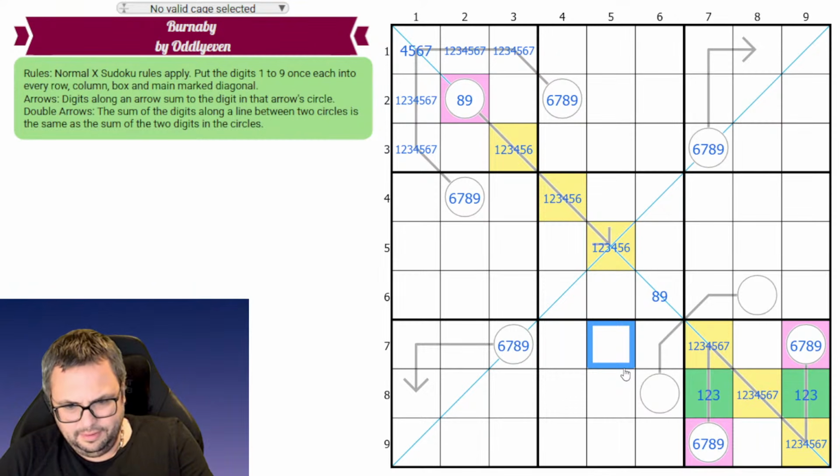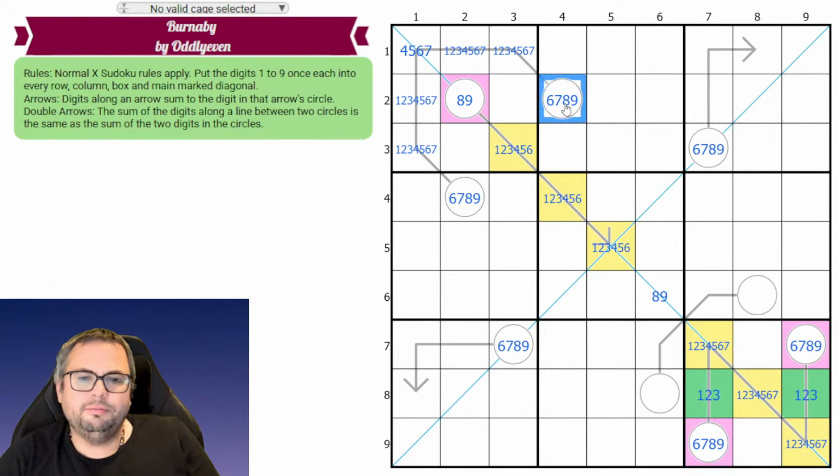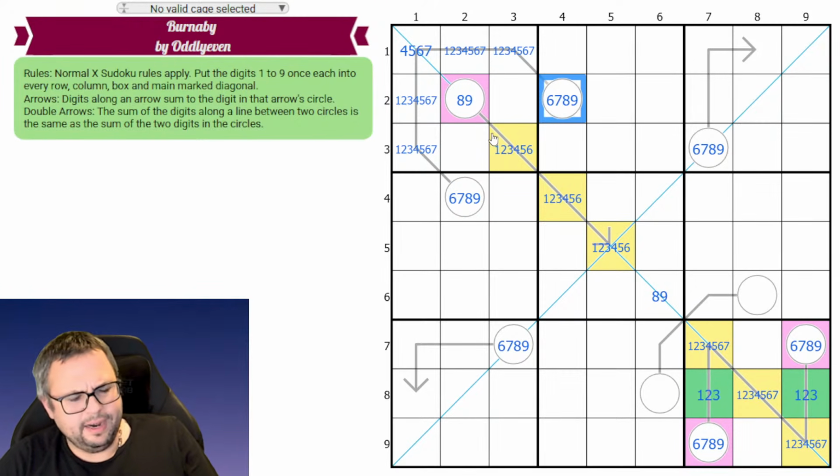Let's see. Oh yeah, it does break immediately. Sorry, yeah, it does break much faster. Sorry, in my head somehow I got confused about this cell.